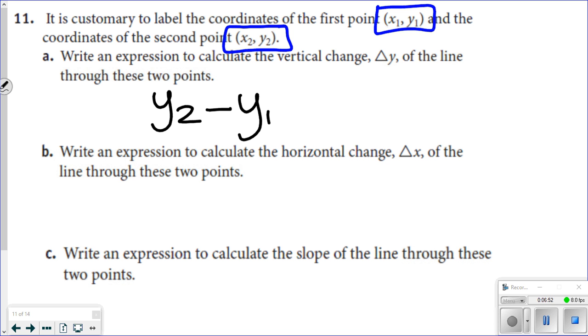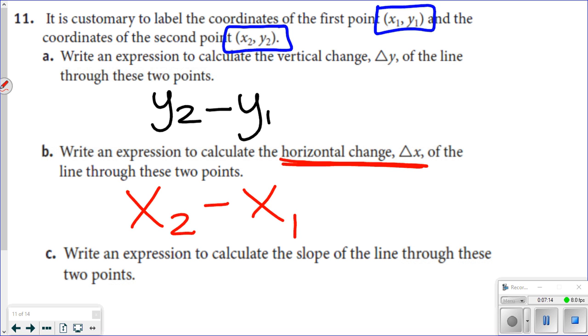So y2 minus y1. Write an expression to calculate the horizontal change, the change in x, of the line through these 2 points. So horizontal change, we know we're going to use our x values, and we're going to take the second x minus the first x. So x2 minus x1.